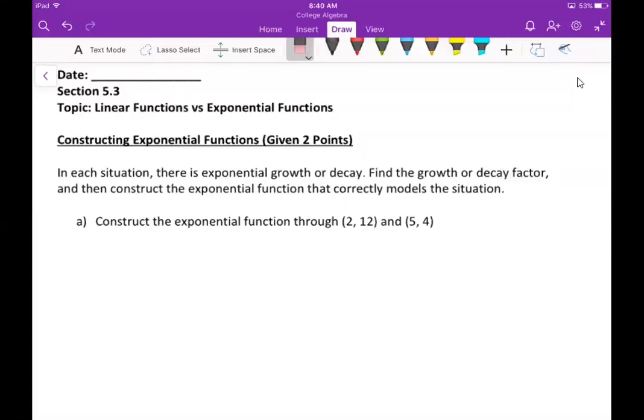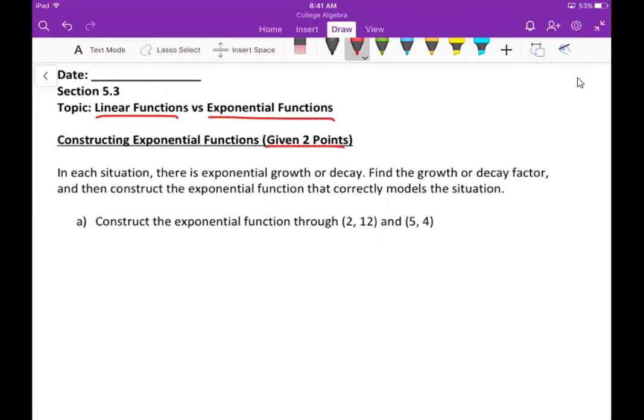Okay, so the first thing we want to do is realize that so far we can come up with exponential functions in almost every scenario. We can come up with linear functions, except we haven't talked about how to create exponential functions given any 2 points. So far we've only talked about how to create that exponential function when we're given that initial value or C value.